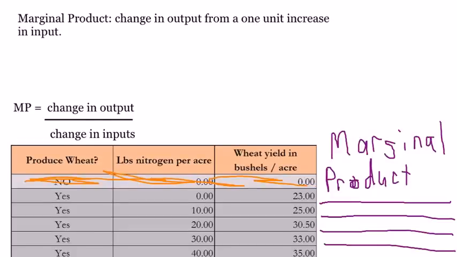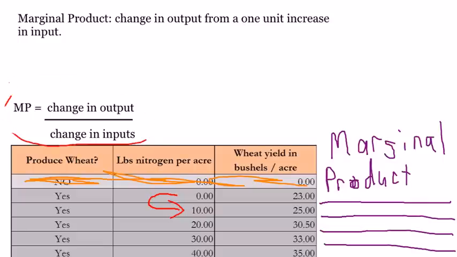Okay. We're going to go ahead and actually calculate some marginal products. What we'll do first is we'll say, what happens if we start off with no nitrogen fertilizer being put on the ground, and then we apply 10 pounds of nitrogen? Right here is a formula showing how you can calculate the marginal product when nitrogen is between 0 and 10 pounds per acre.